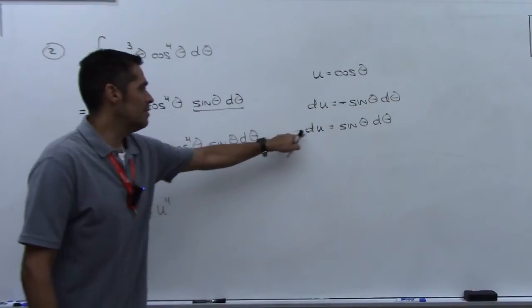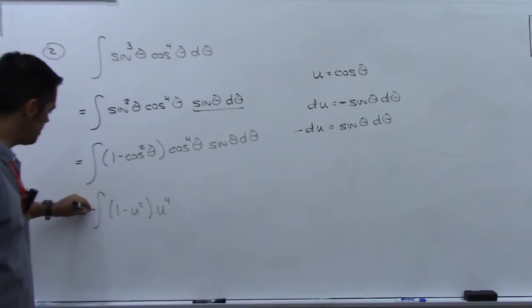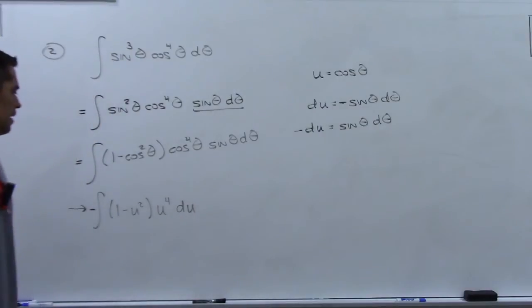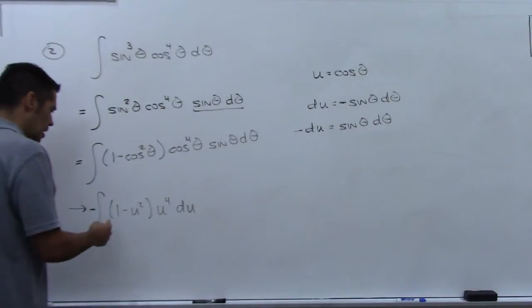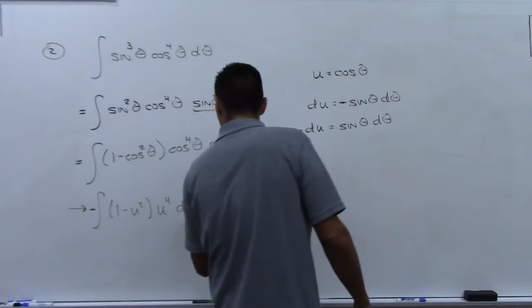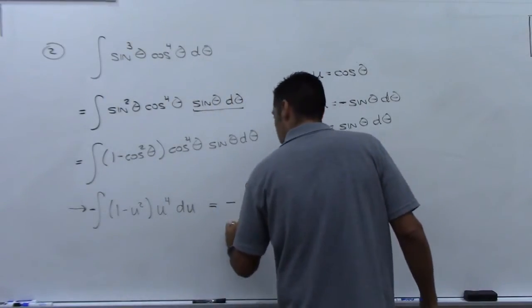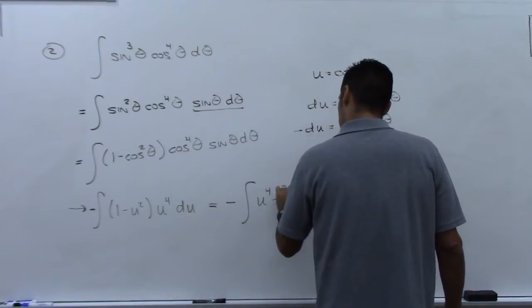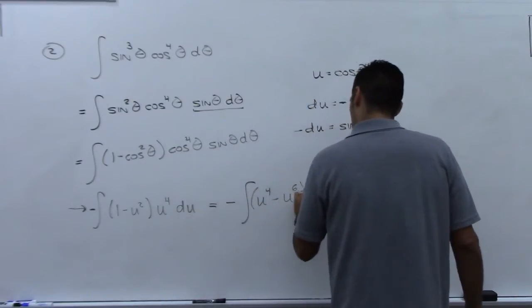Then this is negative du, so I'll put a negative on the outside of the integral. Then I'll multiply u to the fourth through. So this becomes negative integral of u to the fourth minus u to the sixth du.